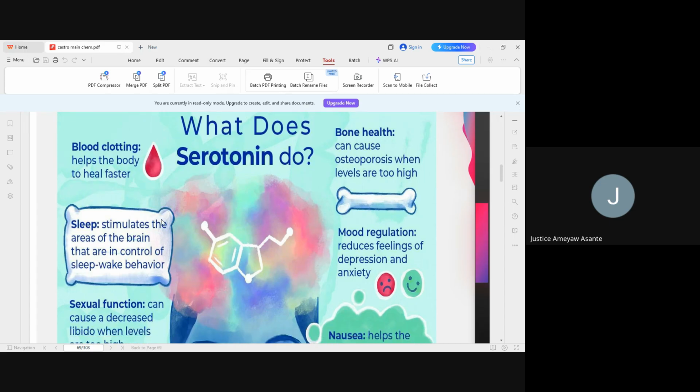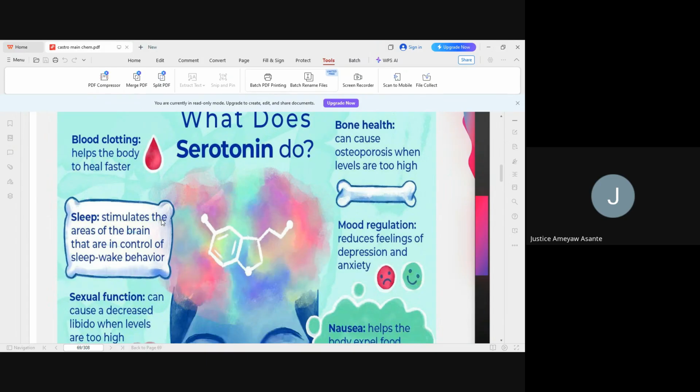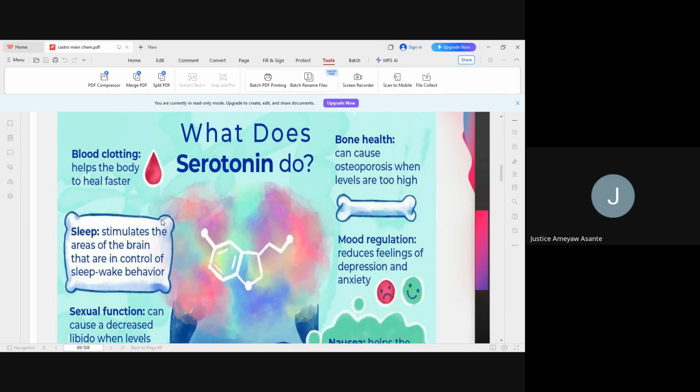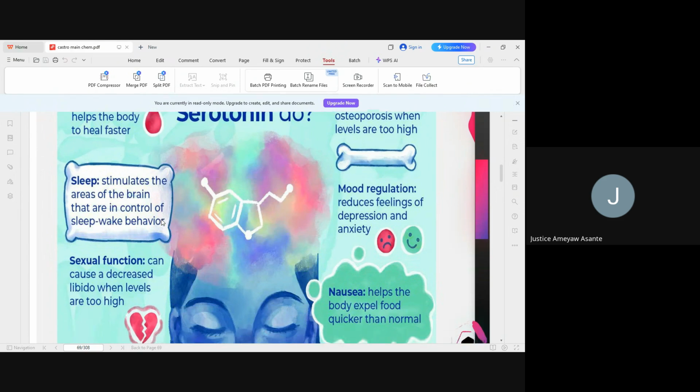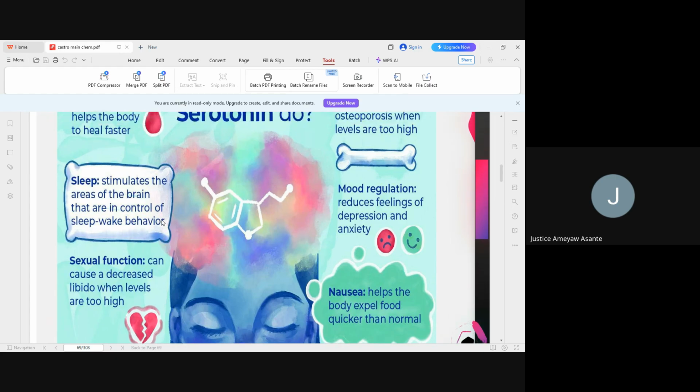And look at another importance: sexual function. It can cause a decrease in libido when levels are too high. So when the level of serotonin is too high in the body, your sexual urge goes down. So how do we rectify that? We use lithium carbonate.